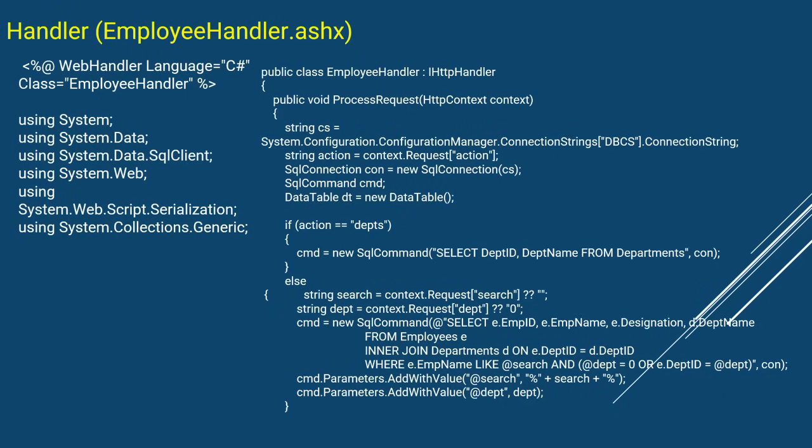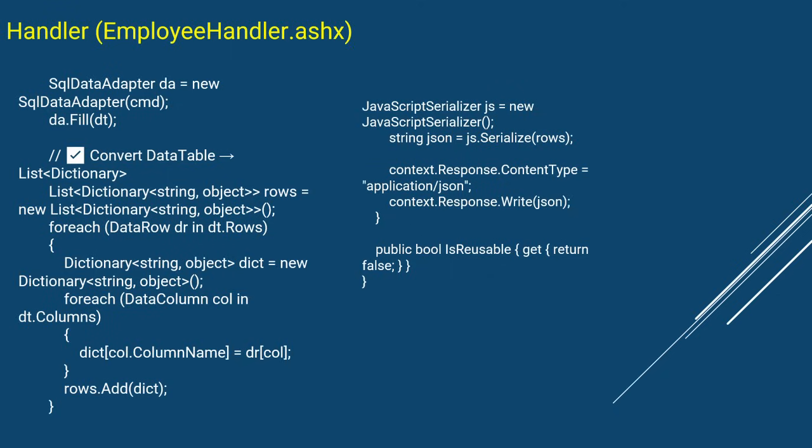It retrieves optional search and dpt parameters from the request. dpt defaults to 0. It constructs a parameterized SQL command to select employee details by joining the employees and department tables. The where clause filters employees where the employee name is like the search term and dpt is 0 or the department ID equals dpt.